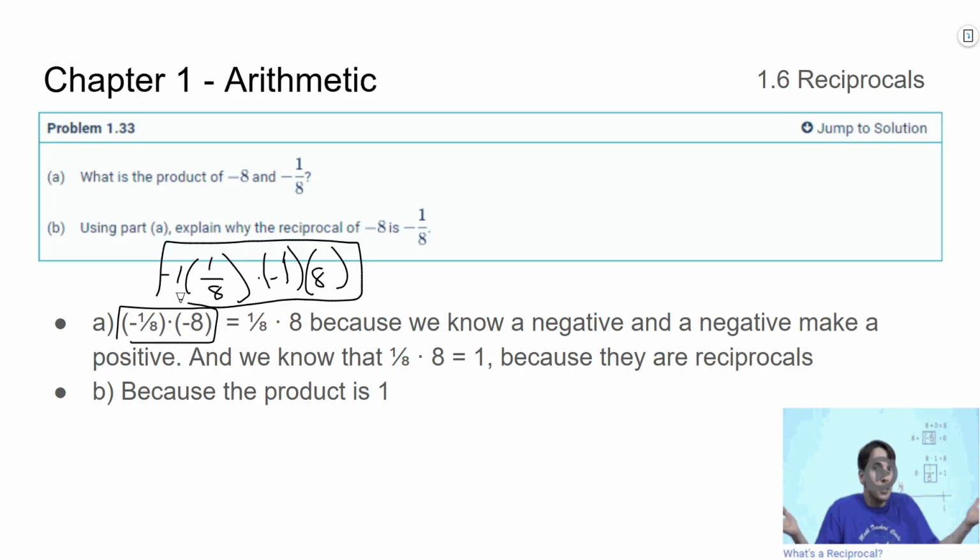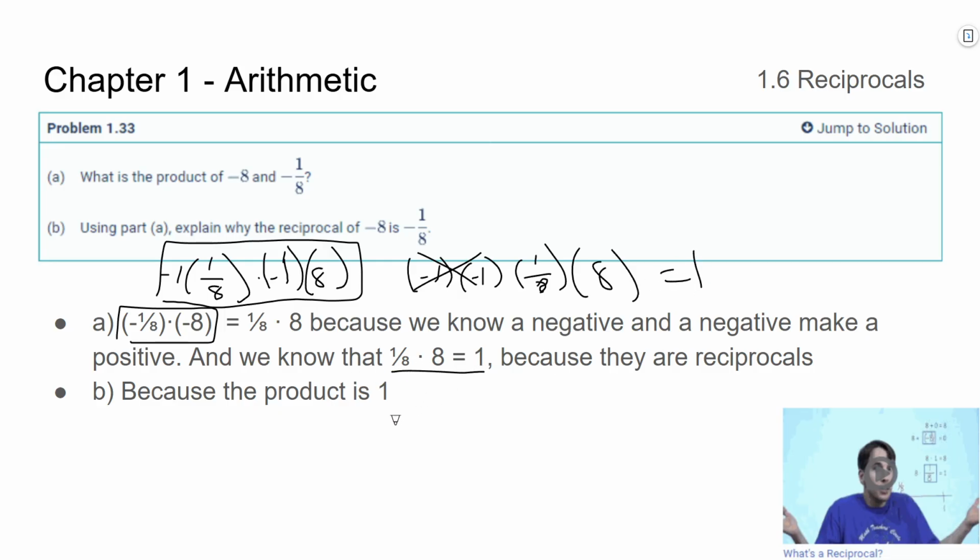All I did was extract that -1, and now we can regroup. We can put the -1 times -1 together, and we could put the 1/8 and our 8 together, and we know that these are going to be positive. Negative times a negative is a positive, and that's going to leave us with 1/8 times 8, which is going to be 1, of course.